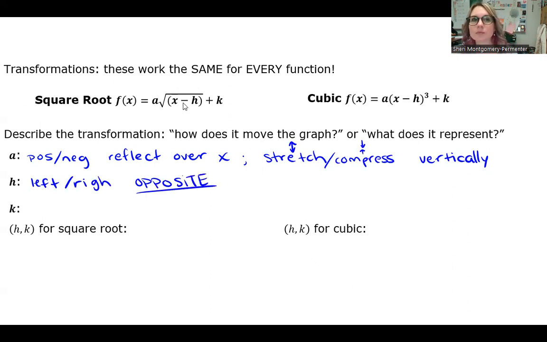So it moves opposite because in the formula, it's a negative. It's left or right, then it moves in an opposite direction than it shows in the equation. What about K? How does K move me? Up or down? What you see is what you get. So it's up when it's positive or down when it's negative.